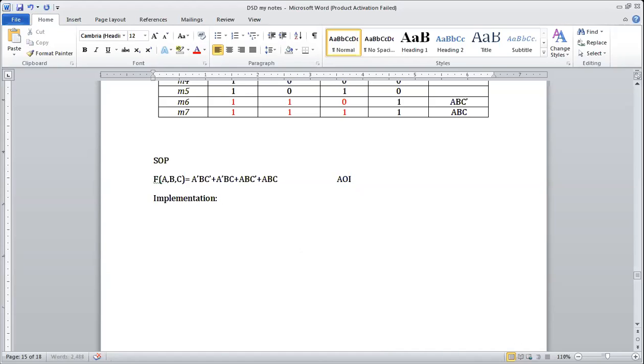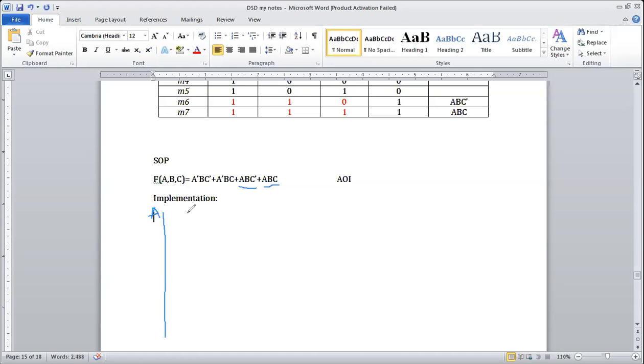Now, how do I implement this function in terms of logic gates? What is the first term? A bar, B, C bar. Now, what I will do? Simply, I will put one line here. I say that this is the A line, because in the third term I require A, and in the fourth term I require A. So this is the input side.